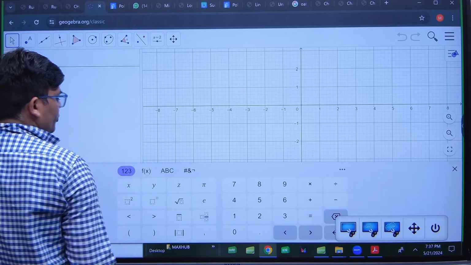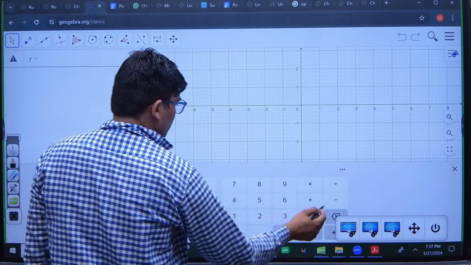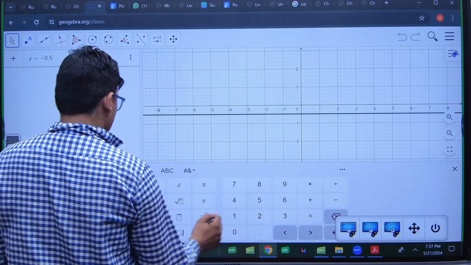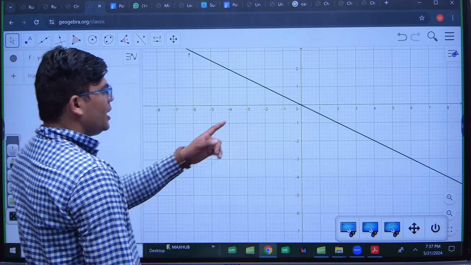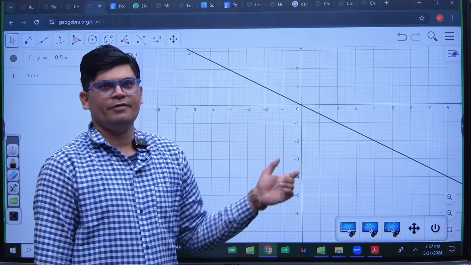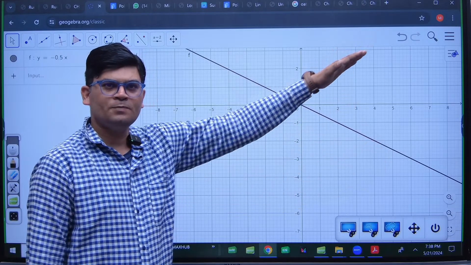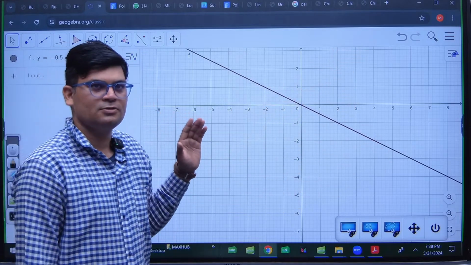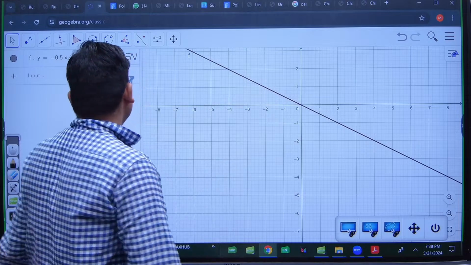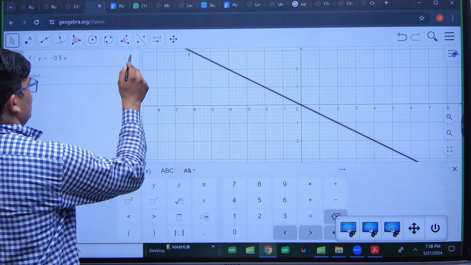First I am going to show you the graph of y is equal to minus half x. If the slope is negative, the straight line is like this. If the slope is positive, the straight line is like this. So it goes opposite if it's negative.